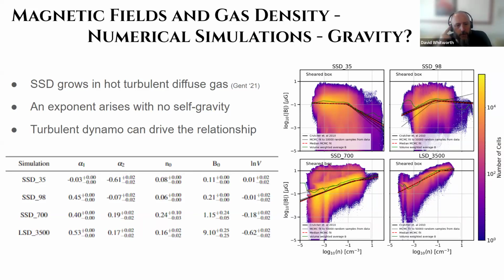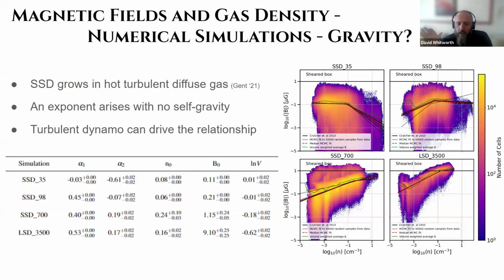Is it what actually drives it? So we have these models from Frederick Gent, who is looking at the small scale dynamo and the large scale dynamo effects. So he ran two Pencil models. These don't have self-gravity in them. They're pure turbulent driven models. And as the small scale dynamo is driven in hot turbulent diffuse gas, we do start to see this relationship arise.